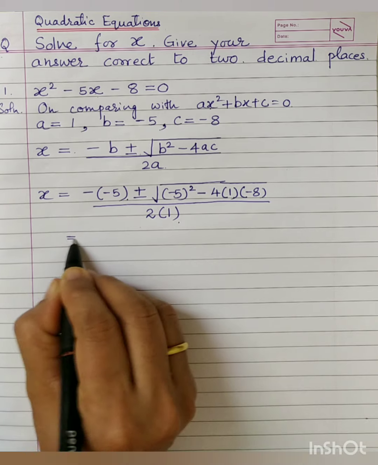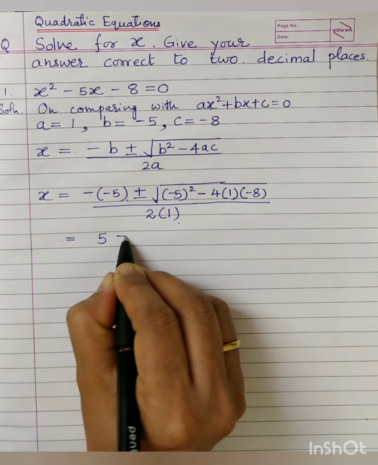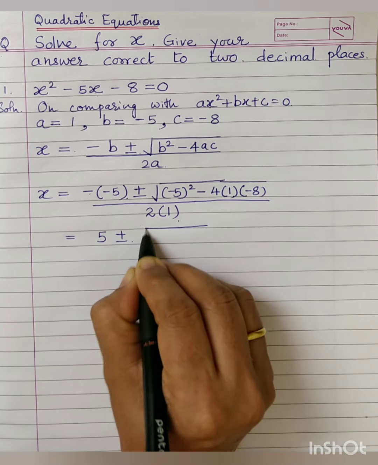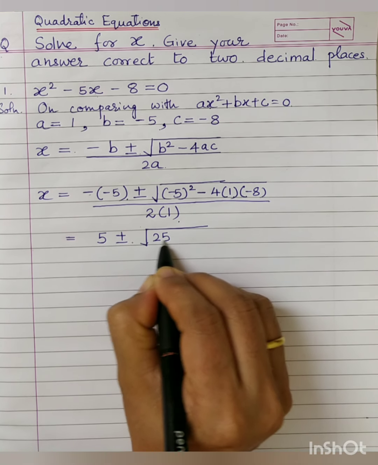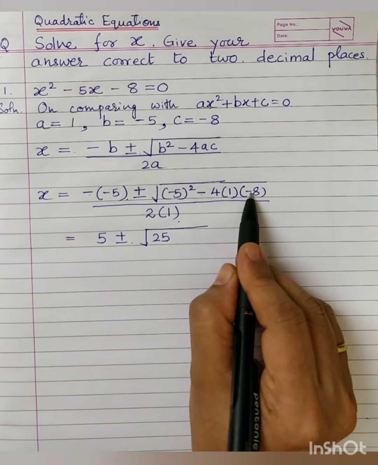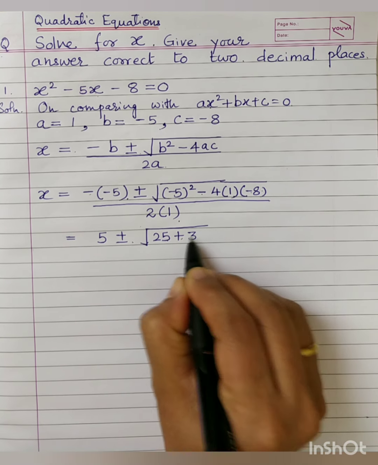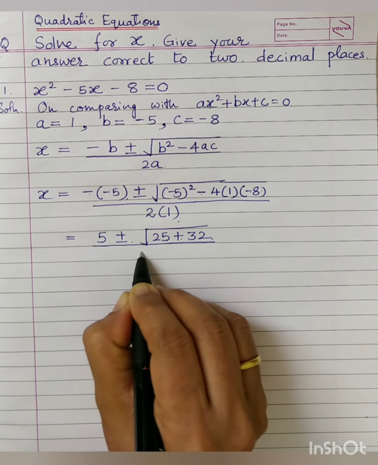Now simplify. Double negative, it becomes positive. Plus minus, solve inside the root. Minus 5 square will be what? 25. This minus and this minus becomes plus 8, 4 8s are 32, divided by 2.